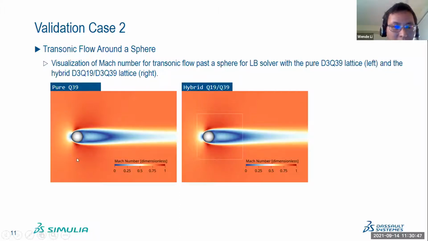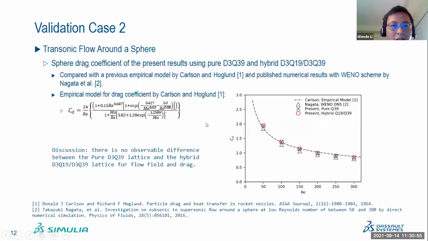We can't see any difference in the flow field Mach number between the pure D3Q39 lattice and the hybrid lattice. And this is the drag force. We can see the cross is the pure D3Q39 lattice, and the circle is the hybrid lattice results. Basically, there's no observable difference between the pure D3Q39 lattice and the hybrid lattice for the flow field and the drag.